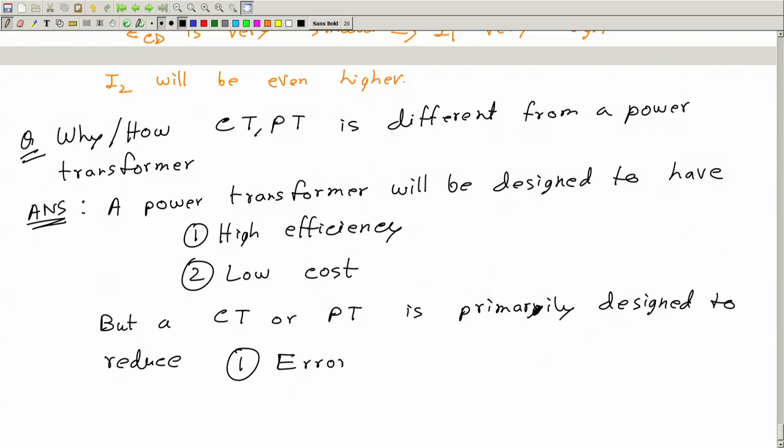Error, ratio error and phase angle error. So if for that we need to put thick conductor, yes, we have to give thick conductor even if the cost is going higher. If we need high quality core material, yes, we have to provide it, because that is the primary consideration for a CT or PT or an instrument transformer. That is how a power transformer is different from a CT or PT, primarily from the design aspect. Thank you.